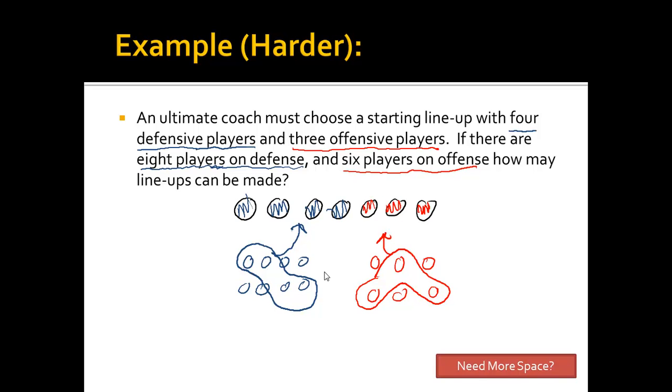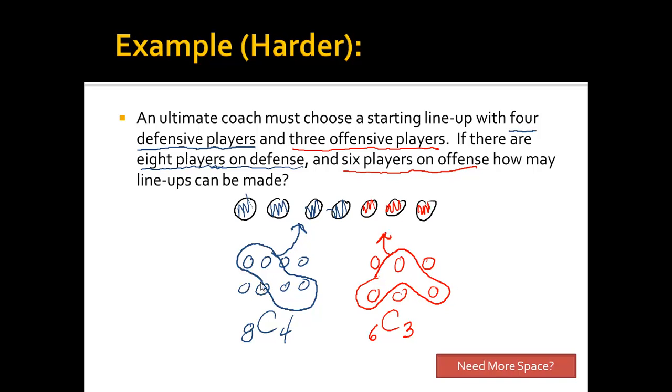Now what we basically have here is I have 6 offensive players and I'm choosing 3 of them. So I could choose these 3, I could choose any other 3. So I've got 6C3, but then on the other hand, back with the defense, I have 8C4.